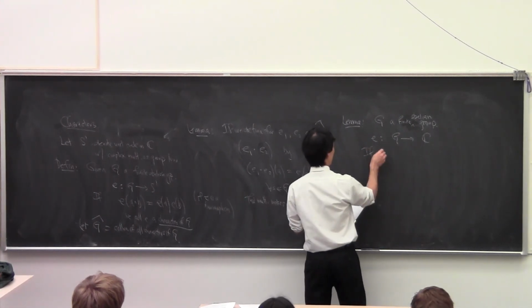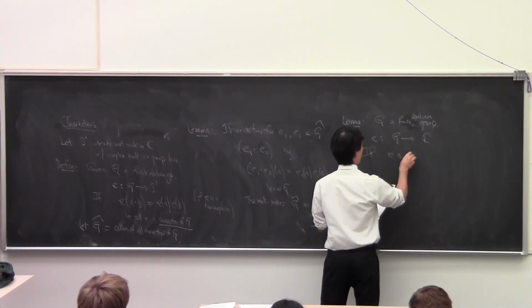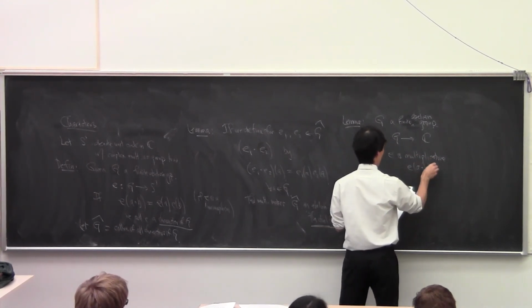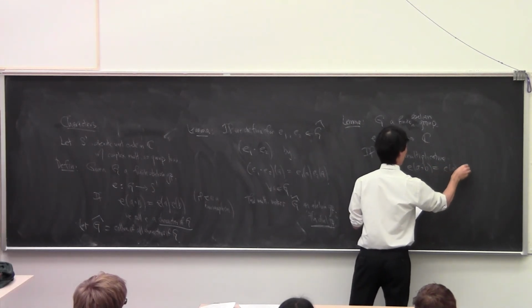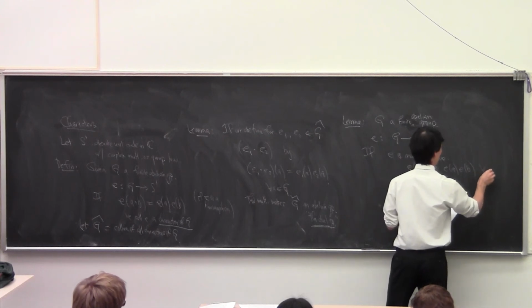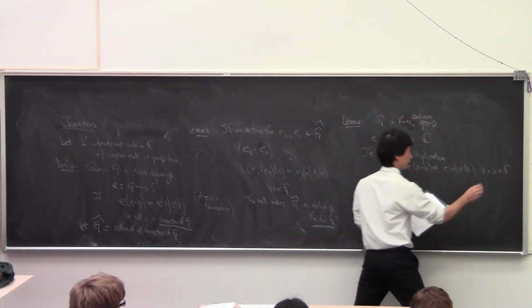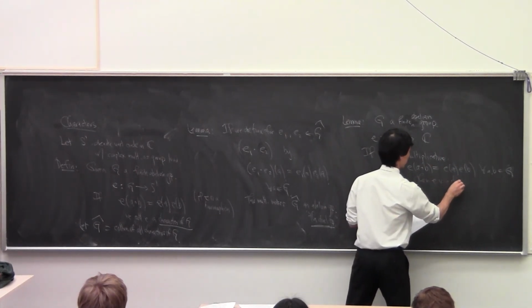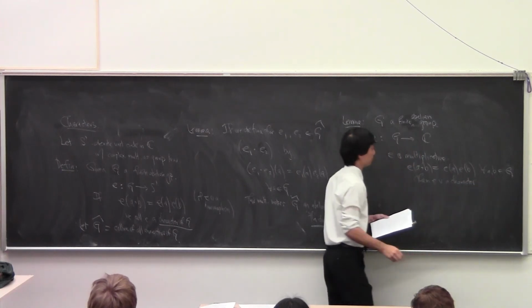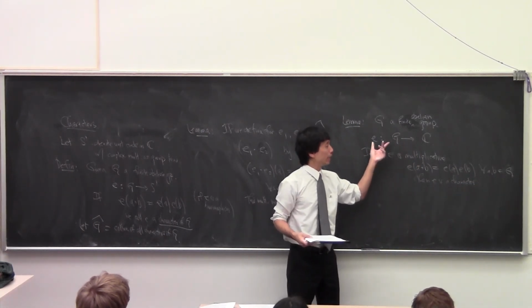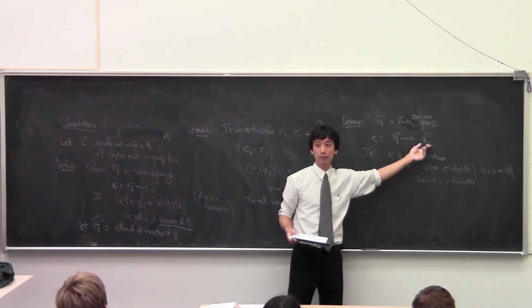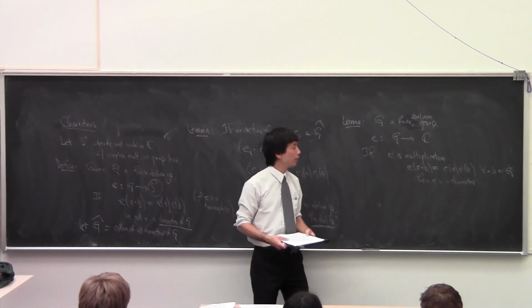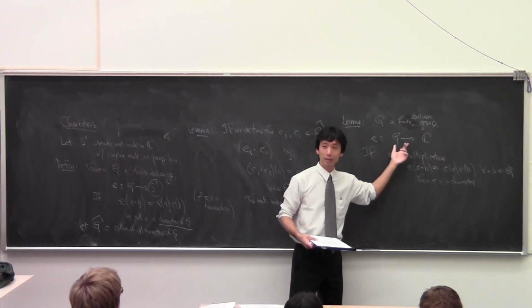If E is multiplicative, in other words, E(AB) equals E(A) times E(B) for all A and B in G, then E is a character. So this is saying that if you have any map into C, you don't know that it's mapping into the unit circle. But if you have any map into C that's multiplicative, then it has to map into the unit circle.